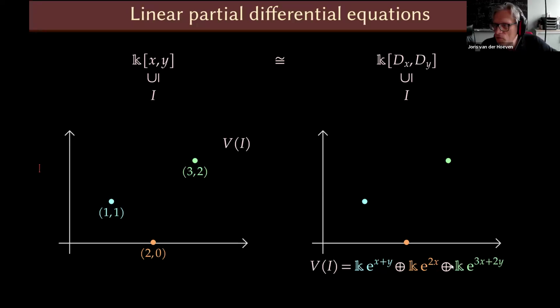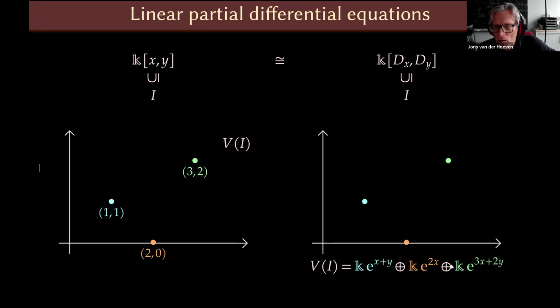So this point of view, I think, is actually powerful, and not as well known as it should be in computer algebra, because it's basically the bridge between commutative algebra and polynomial system solving and linear differential algebra, but still differential algebra.